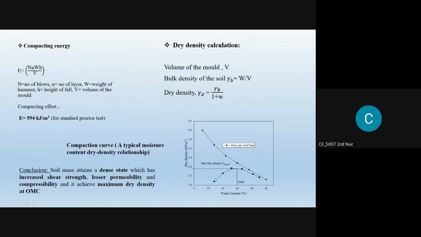There will be a curve like this, and at this point is the maximum value of the dry density. The moisture content at this point is called the optimum moisture content, so at this point the soil achieves its maximum density.